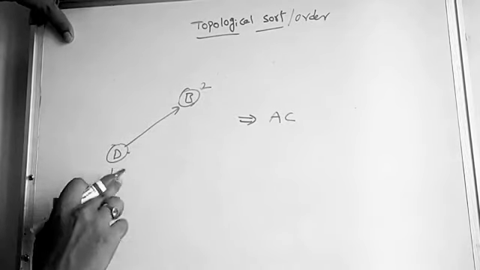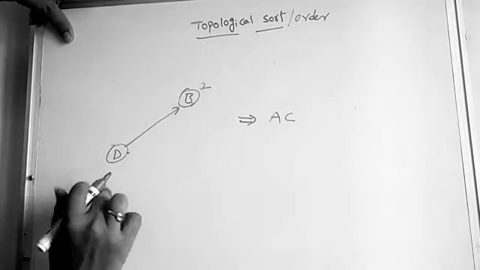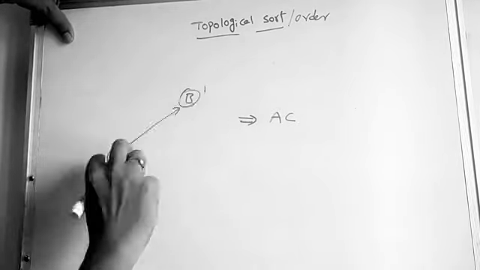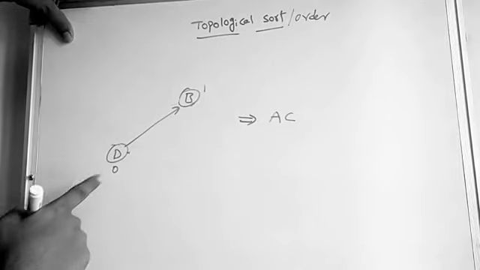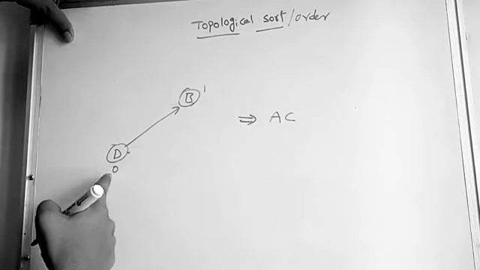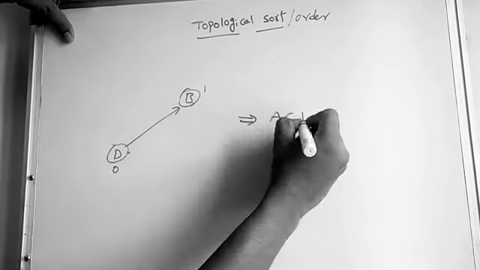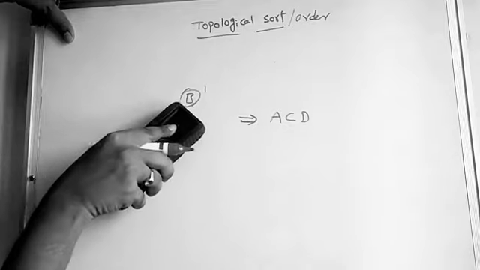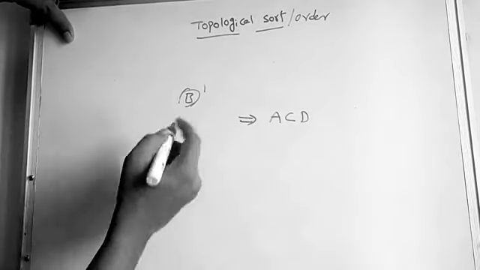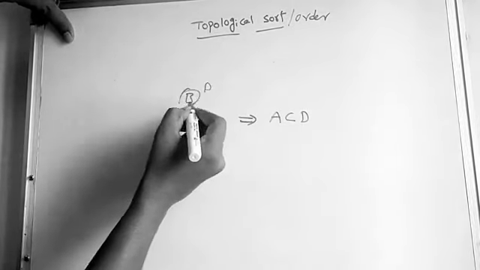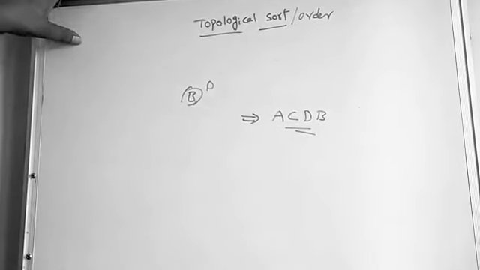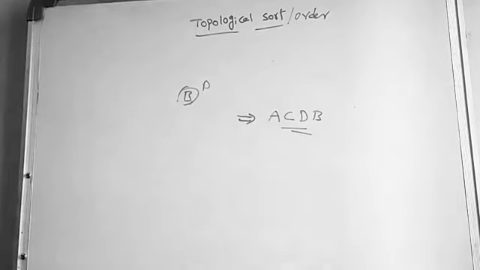Next, the in-degree of D is modified to 0, and B's in-degree is 1 because there is only one incoming edge. So the vertex with in-degree 0 is D, enter D, and its edges are also deleted. Now the in-degree of B becomes 0, and at last you can find the topological final order of the graph.